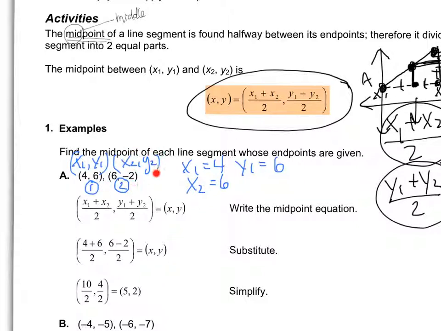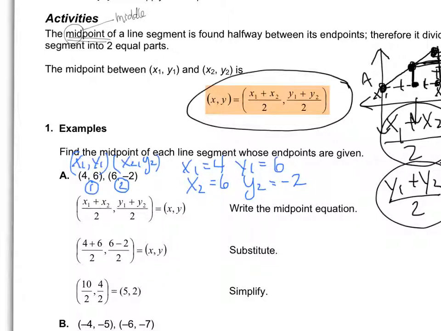And then y2 is negative 2. Just take a look at where those match up. Alright, so once we have all of our variables, we want to take it and plug it into our formula.